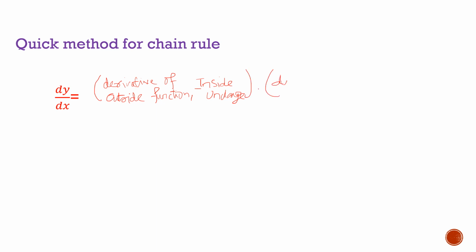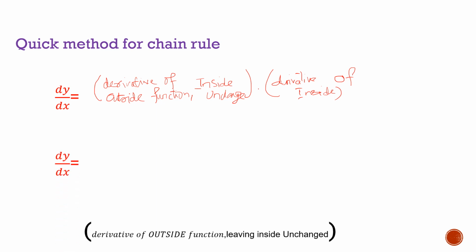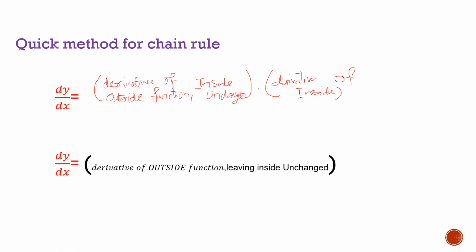So derivative of inside. I will write it in a better way for you so you can read it better. So the derivative of the outside function, leaving the inside unchanged, times the derivative of the inside function. So that's a quick way to do it.